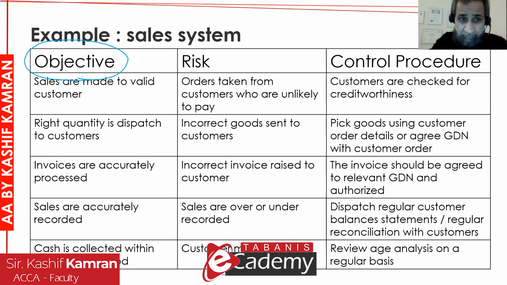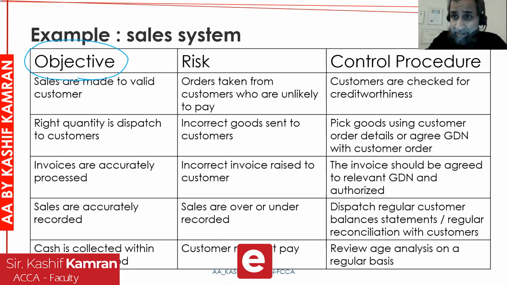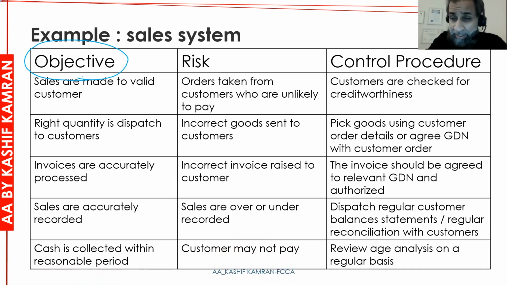The first objective is sales are made to valid customers. We're not making sales to invalid customers. We are only making sales to customers who are valid. Now, that is my objective. I want to ensure that my sales system is only making sales to valid customers or approved customers, not to non-approved customers.